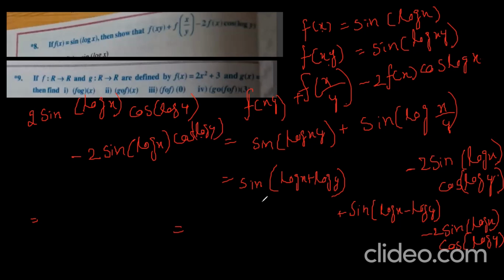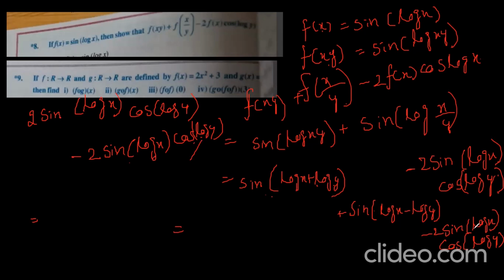Yes? sin(log x + log y), sin(log x − log y), and minus 2 sin(log x) cos(log y). So can I write this as sin(a + b) plus sin(a − b)? That is 2 sin a cos b.